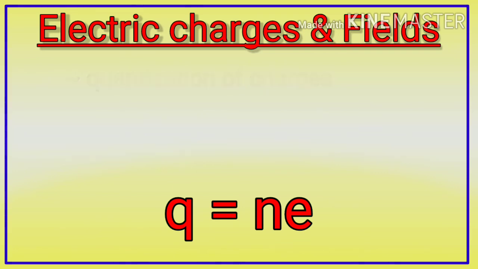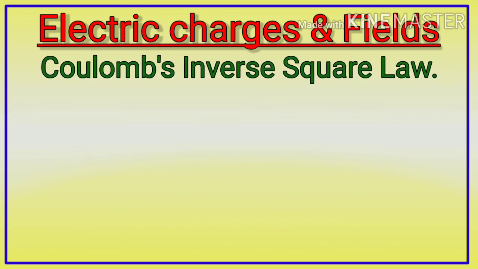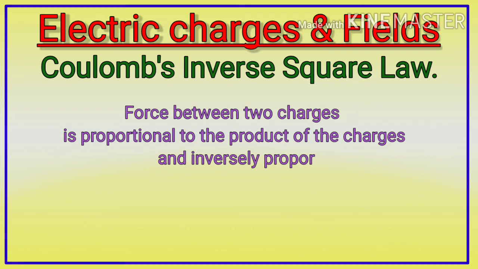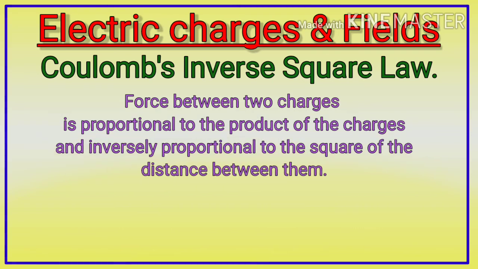Now, what is Coulomb's inverse square law? You learnt about it in your earlier classes. What is the statement? The force between two charges is proportional to the product of the charges and inversely proportional to the square of the distance between them. The force acts along the straight line joining the two charges. Let us consider two charges Q1 and Q2 separated by a distance r.